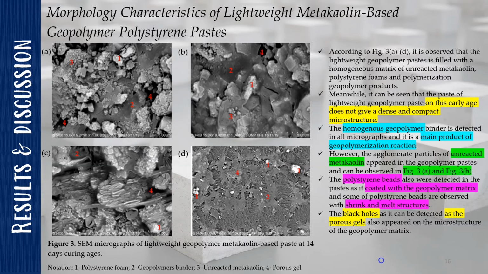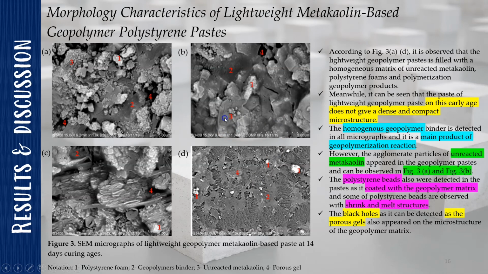The homogeneous geopolymer binder is detected in all micrographs, and it is the main product of the geopolymerization reaction. However, agglomerate particles of unreacted metakaolin appeared in the geopolymer paste, and they can be observed in figure 3A and figure 3B, number 3.